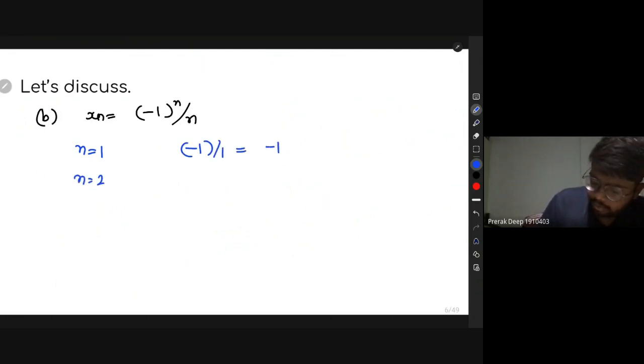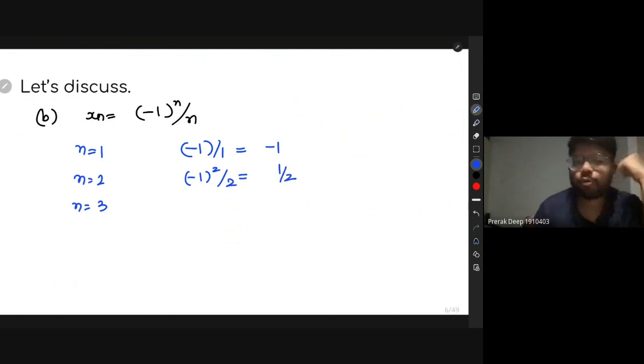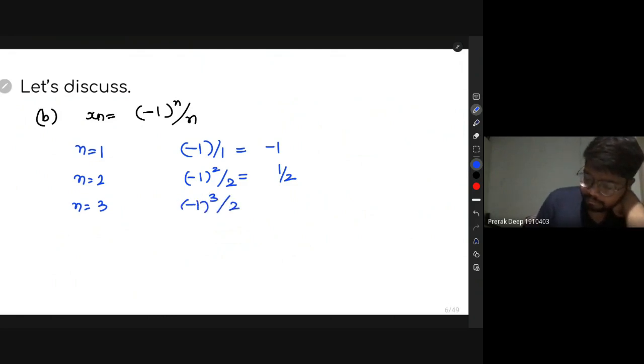When n equals 2, it is (minus 1) squared divided by 2, so it will be 1 half. When n equals 3 it will be minus 1 over 3. For 4, it will be 1 over 4. And for n equals 5, it will be minus 1 over 5.